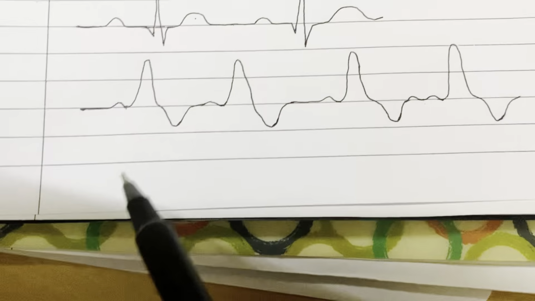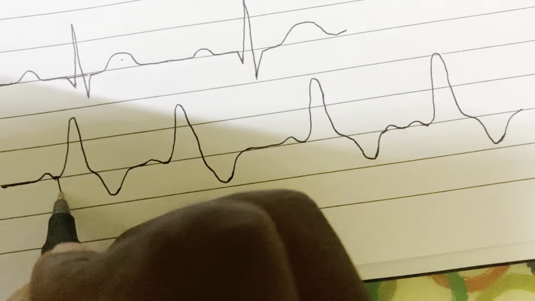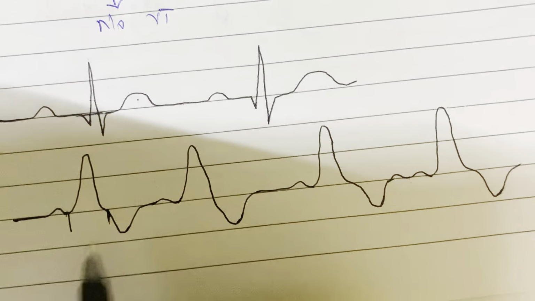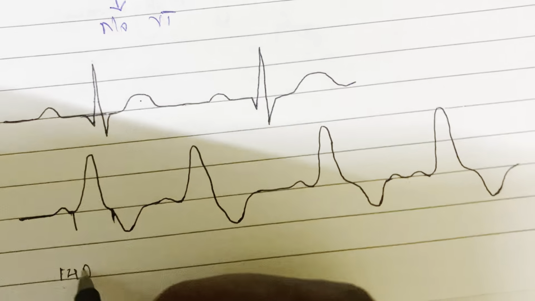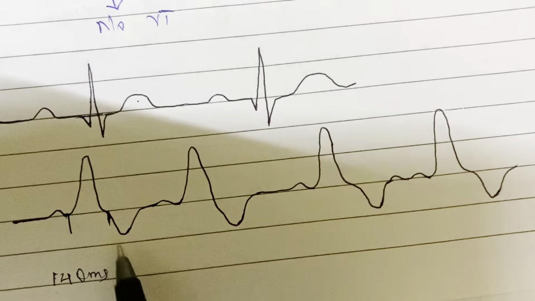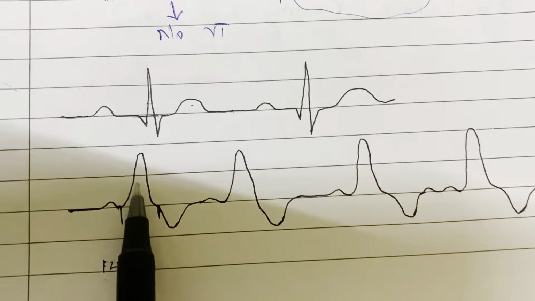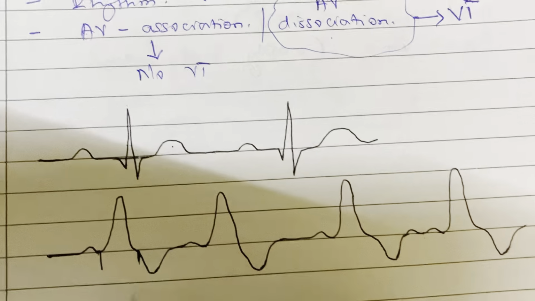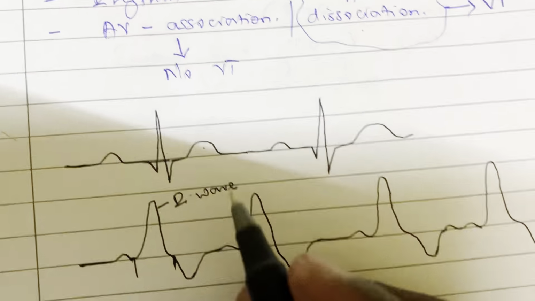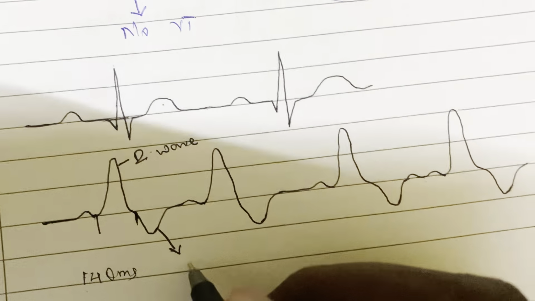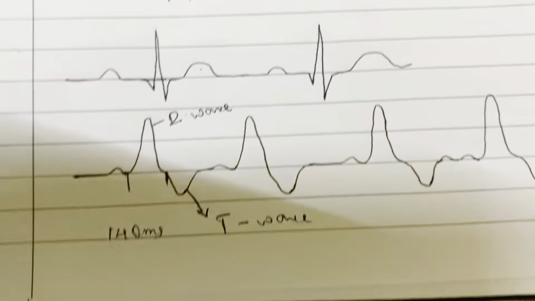But anywhere you see a wide complex, duration from here to here is maybe around 140 milliseconds. This is a positive wide complex, and the negative, this is the T wave, this is the R wave, this is the T wave.